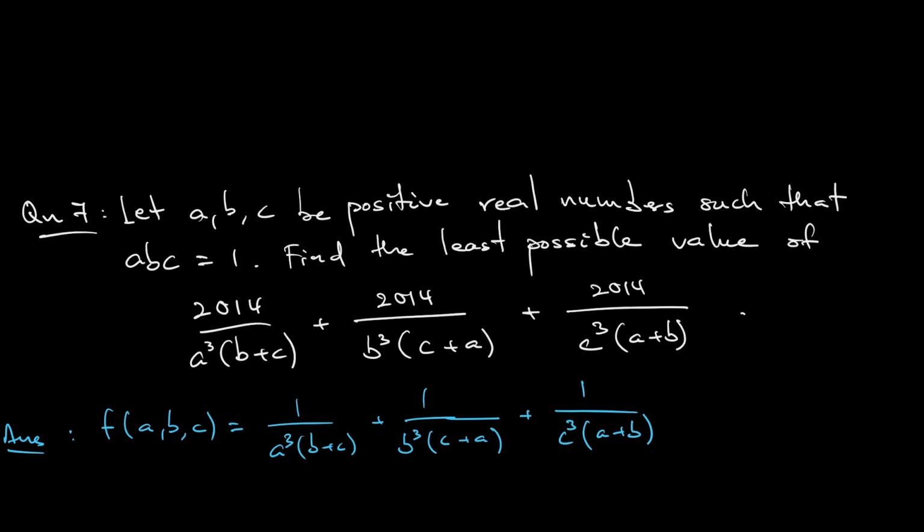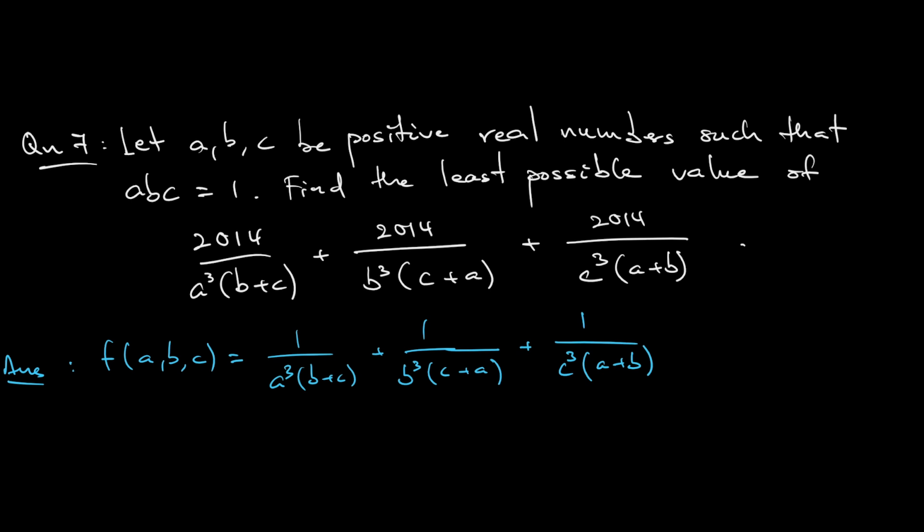It's not hard to see that if I take a, b, c all equal to 1, it is basically 1 over 2, 1 over 2, 1 over 2, so it's just 3 over 2.